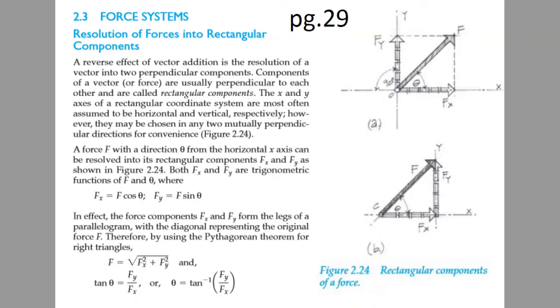In effect, the force components Fx and Fy form the legs of a parallelogram, with the diagonal representing the original force F. Therefore, by using the Pythagorean theorem for right triangles, we can say that F is equal to the square root of Fx squared plus Fy squared, and tangent of theta is equal to Fy divided by Fx, or that theta is equal to the tangent inverse of Fy divided by Fx.